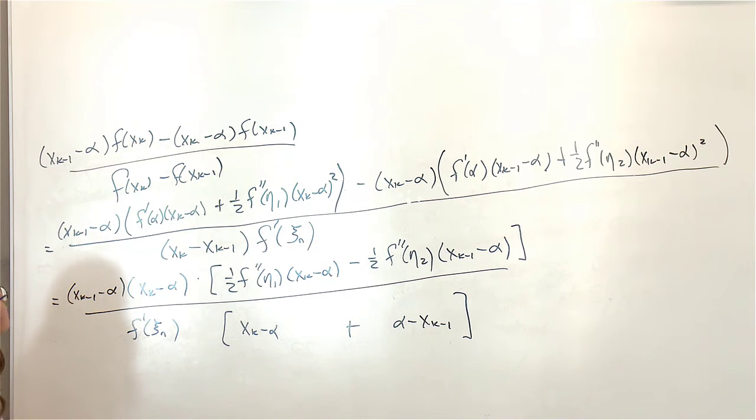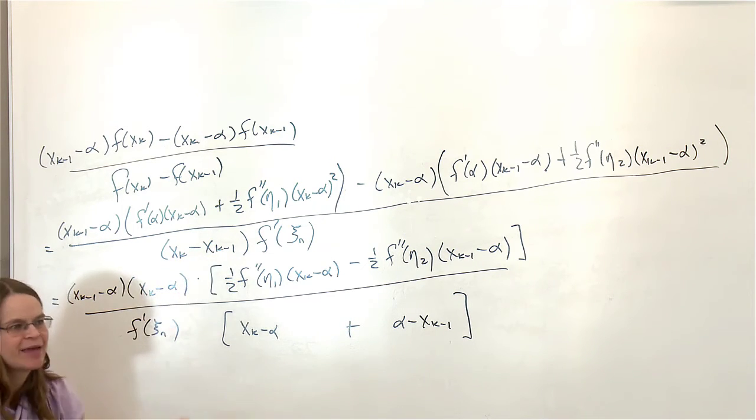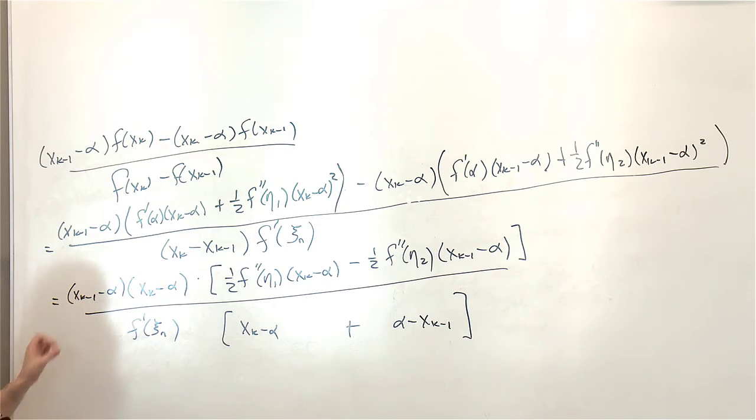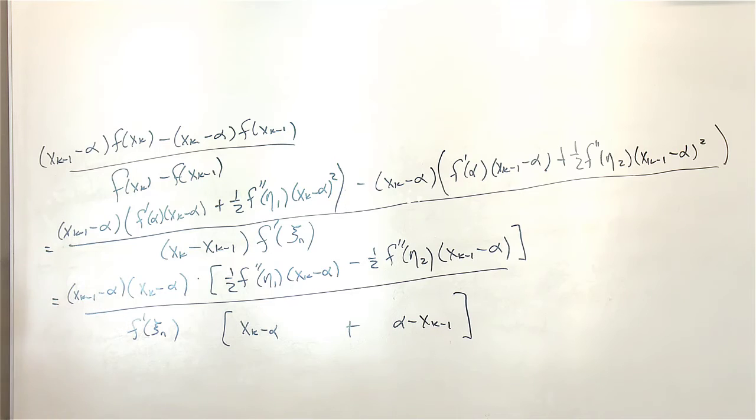I don't really like having this difference in the denominator here. I want xk minus alpha kind of terms. So this is an xk minus alpha, this is an xk minus 1 minus alpha. I'm happy with those. This is a constant, it will converge to something that's a constant. I don't mind having that floating around. I don't really love having this difference floating around, and I'd rather write it in terms of xk minus alphas.